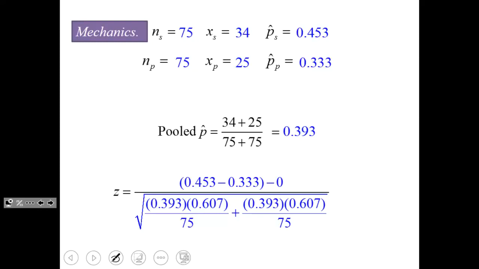We use our pooled data to find our standard deviation. We run it for both samples of 75, but we're using our pooled data still because we haven't rejected the null hypothesis. Until we reject a null hypothesis, we use the pooled data because we assume there's no difference at this point. So we get a z-score of 1.5.